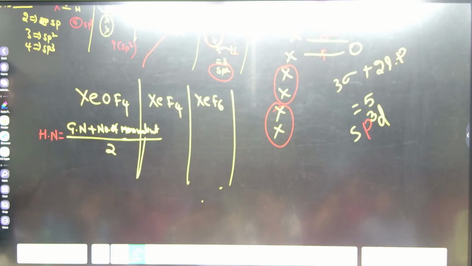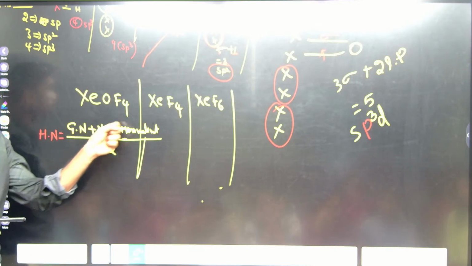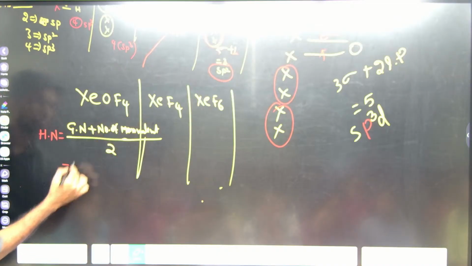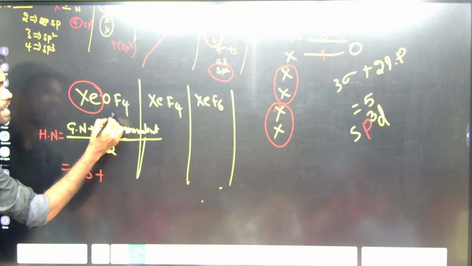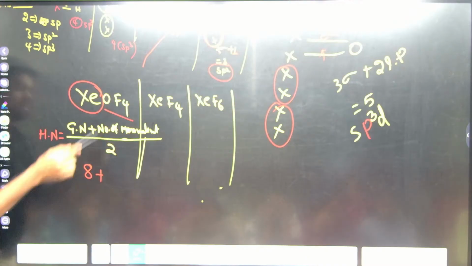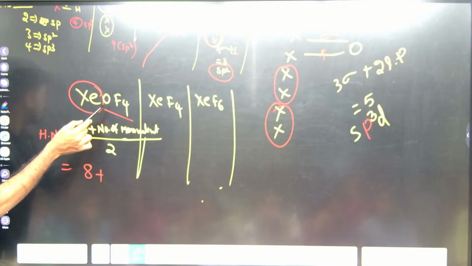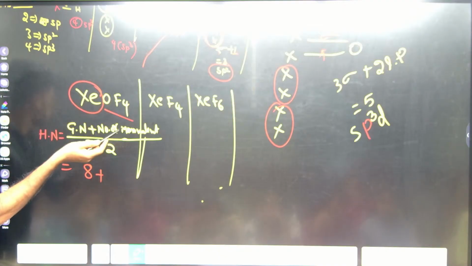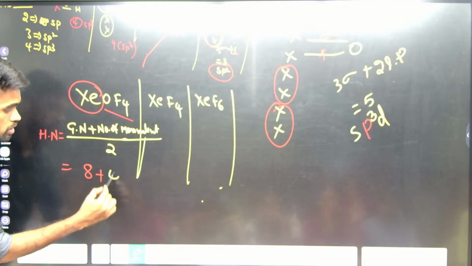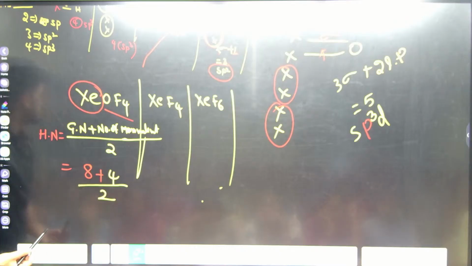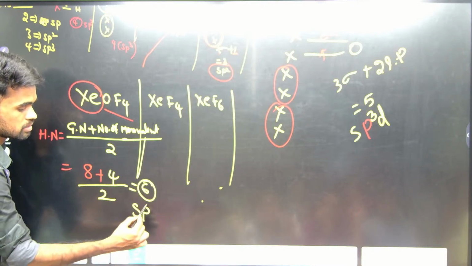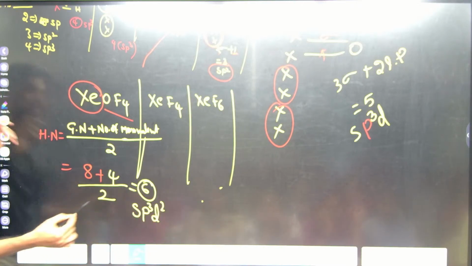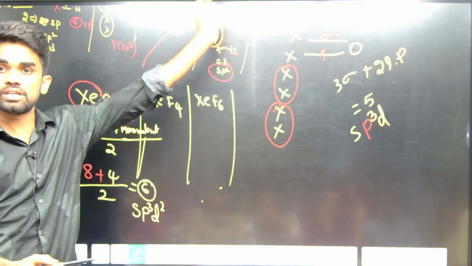Group number of xenon is how much? 8. How many monovalent atoms are there out of this? Is oxygen monovalent or divalent? Don't count it. Only monovalent. So 8 plus 4, that is 12, by 2, 6. So 6 means what you are going to get? sp3d2. So the same formula will be applicable for all the above discussion also.